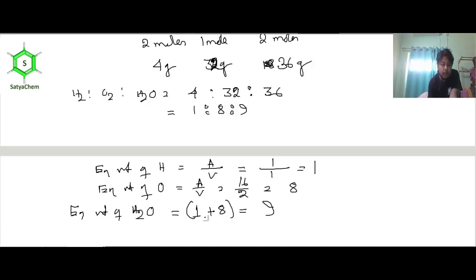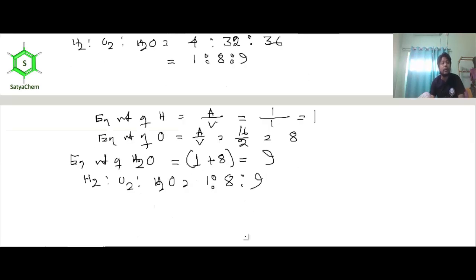So the equivalent weight of water is 9. So the mass proportion obtained from equivalent weight is H2 to O2 to H2O equal to 1 to 8 to 9. We get the same mass proportion from equivalent weight, but here we don't need a balanced chemical reaction, and that is the beauty of the concept of equivalent weight.